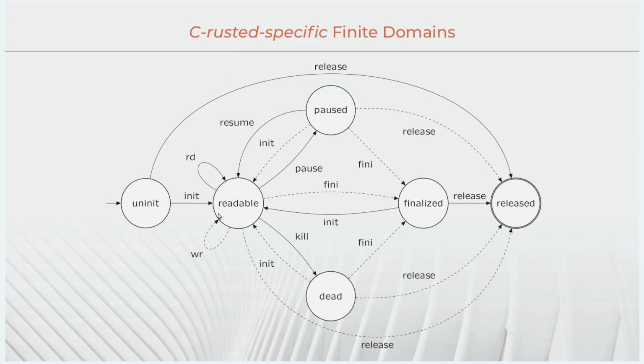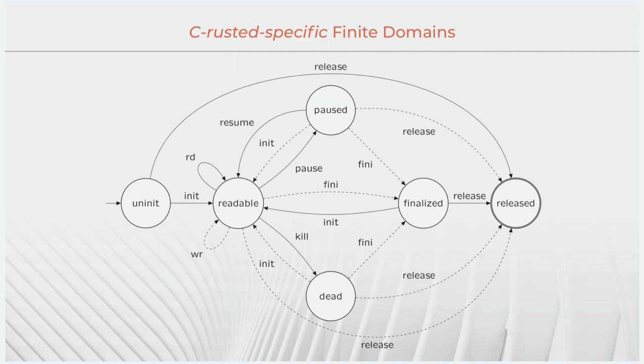And another interesting thing is the support Cerrated has for security. You can see that you can certainly release an uninitialized resource. You can release a finalized resource, but you cannot in general release a resource in any other state. And the reason is that when security is of concern, for example, a piece of allocated memory may contain confidential information.